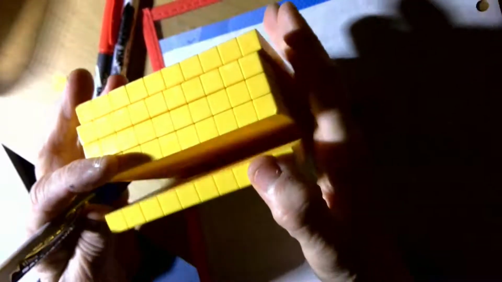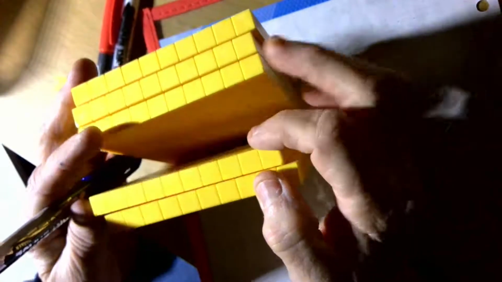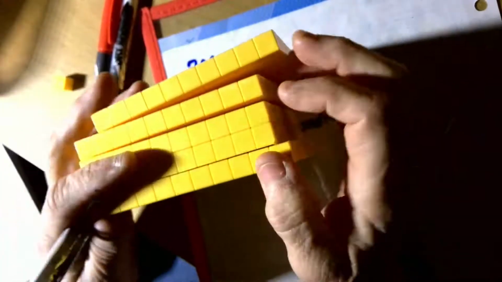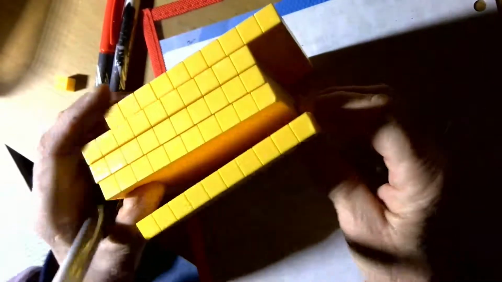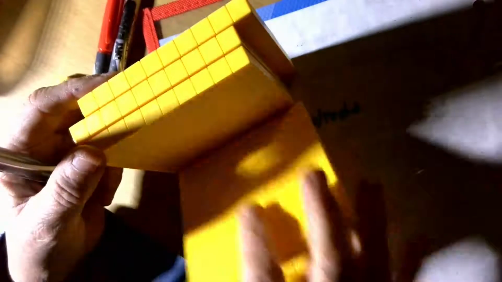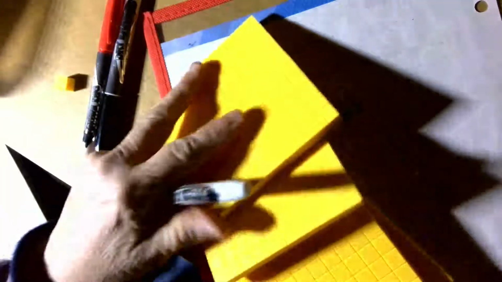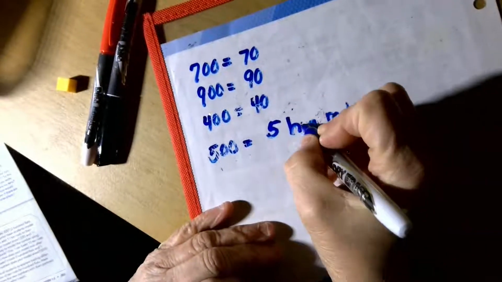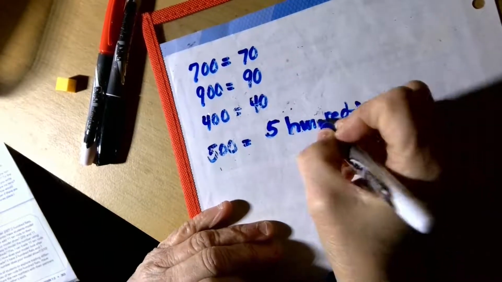And I have 1, 2, 3, 4, 5 of the hundreds. So that equals 500. So I had 5 hundreds.